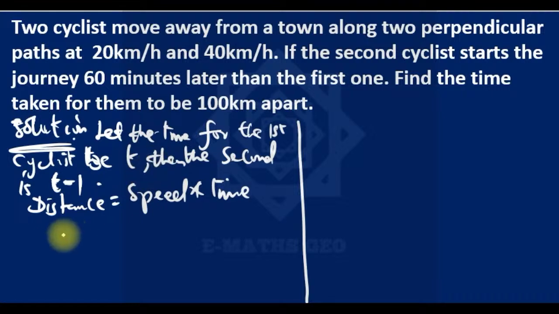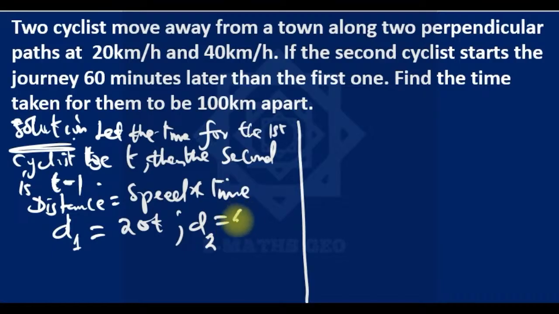So for the first cyclist d1, the distance is 20 times t, which is 20t, while the second one d2 is 40 times t minus 1. So we've converted it to distance because they gave us the distance apart.